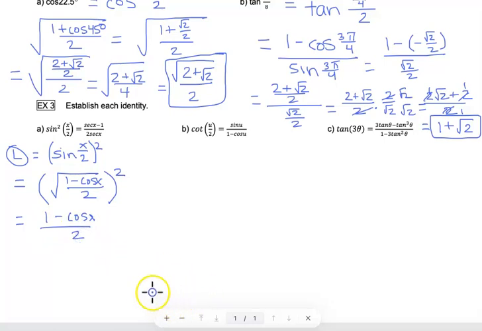So from here, I am going to separate out my fraction. So this is going to give me 1/2 minus cosine x over 2.